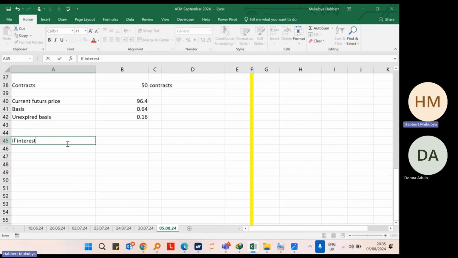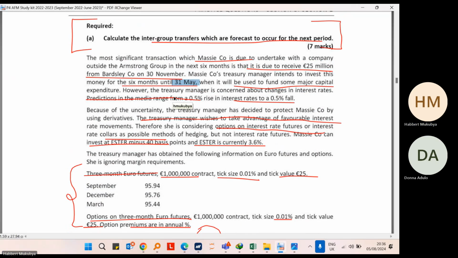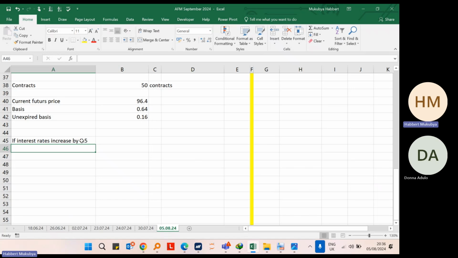So let's do the increase. If interest rate increases by 0.5, remember that the interest rate right now is 3.6. So if it increases by 0.5, it becomes 4.1.